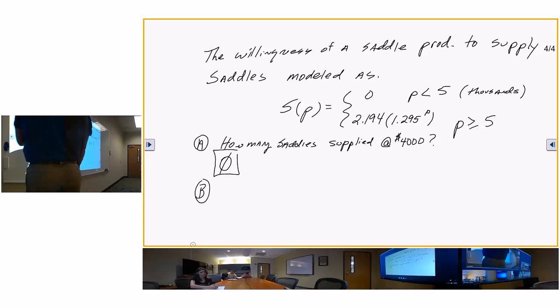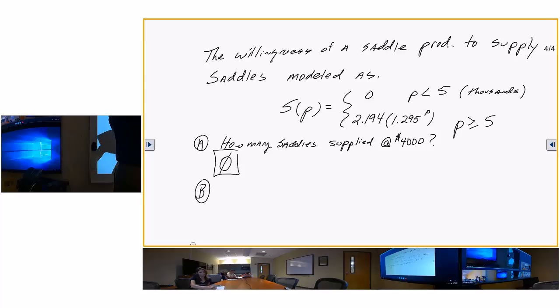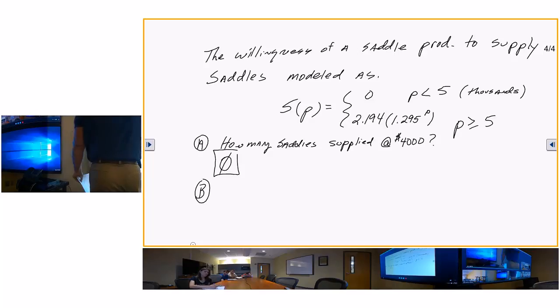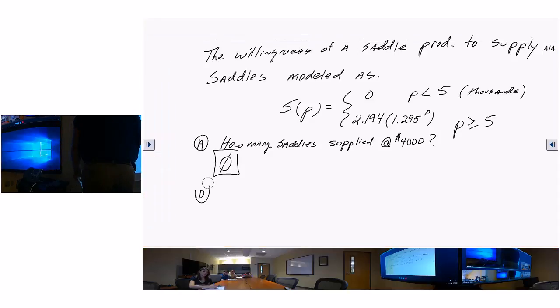B. B says, if I can read it. No, we ain't got to B yet. We got, how many saddles will producers supply when the market is at 5,000? That's not B. It's the second part of this question.